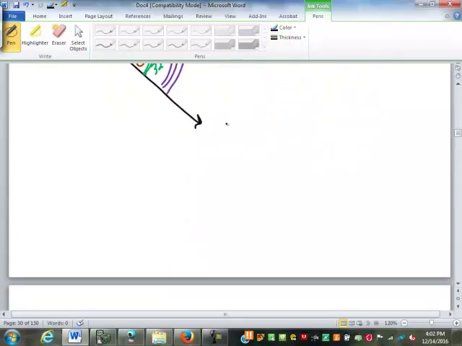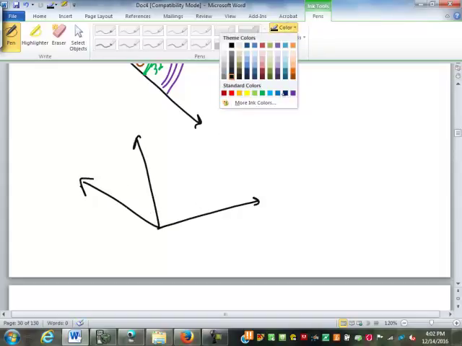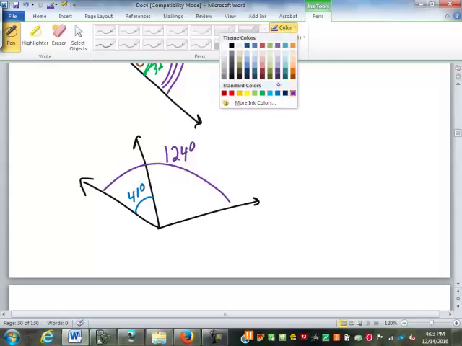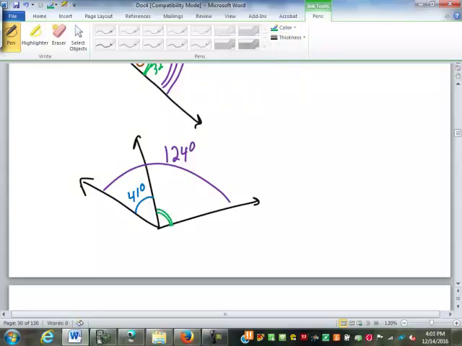Likewise, you might be told that this angle here is 41 degrees, and that the total angle here is 124 degrees, and be asked to find this one. How would we do it?